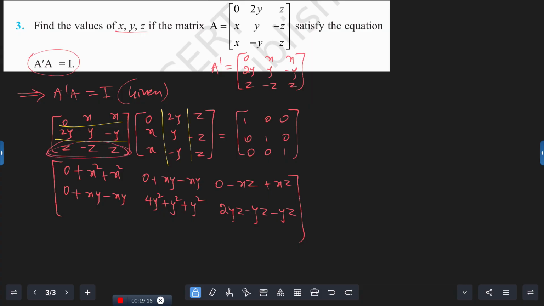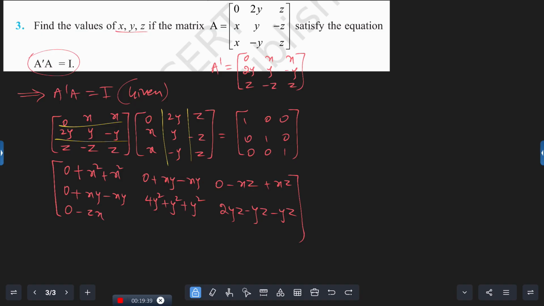Third row we have to take, multiply with each column. Be careful when you do. z into 0, 0. Minus z into x, minus zx.